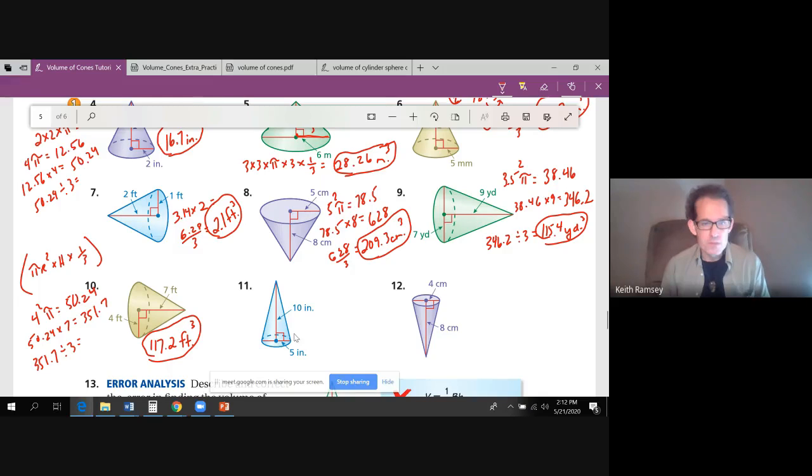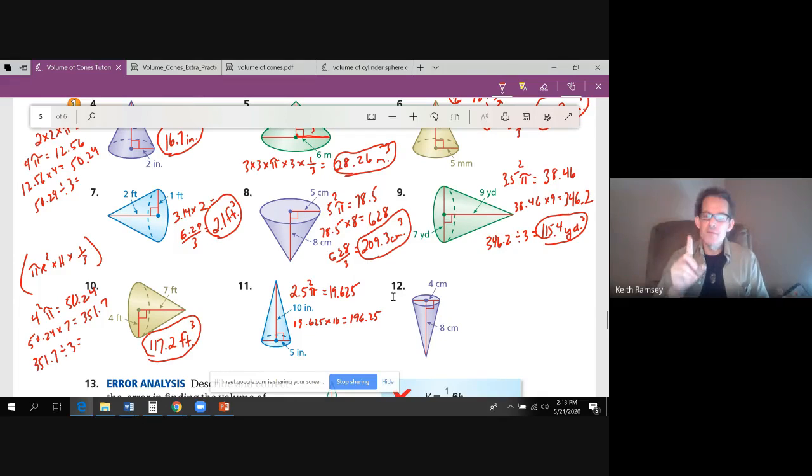Let's look at number 11. So it looks to me like this line is the diameter. It's going all the way across. So we want half of that. We want the radius. So half of 5 would be 2.5. So step 1 is 2.5 squared times pi. 2.5 times 2.5 times 3.14. Got 19.625 for the base. Step 2 is multiply that by the height, which is 10. So 19.625 times 10. I'm just going to move the decimal one space to get 196.25.